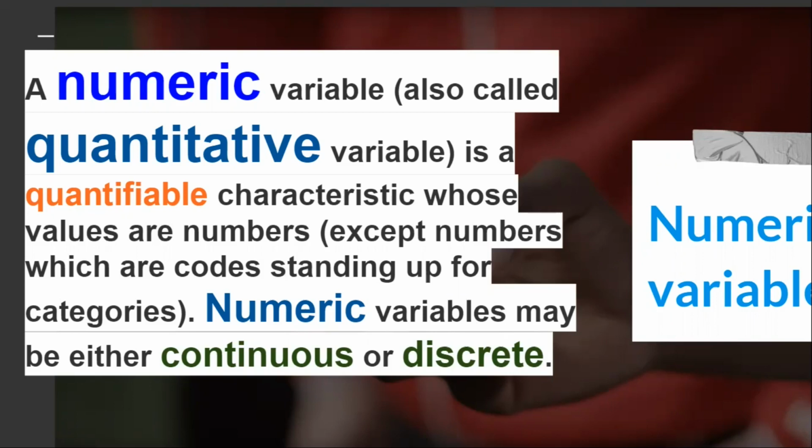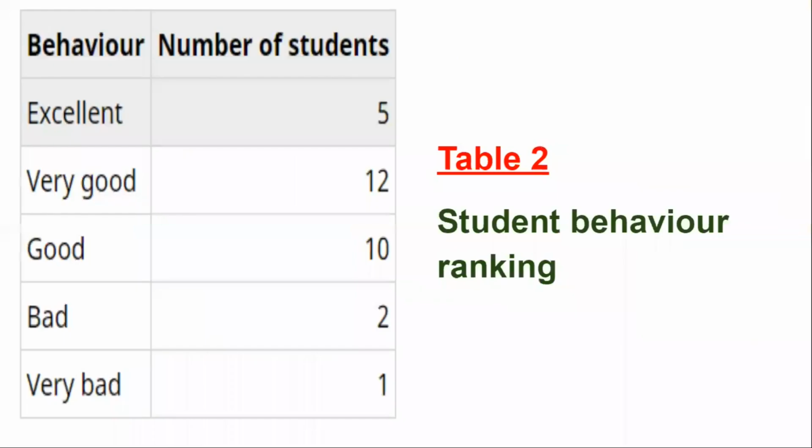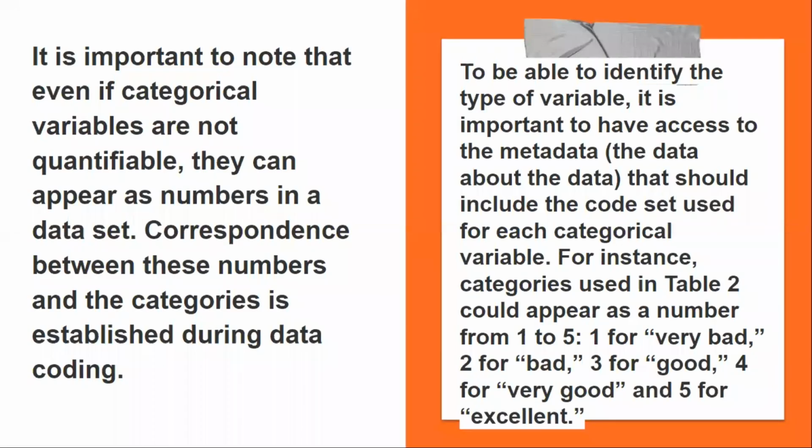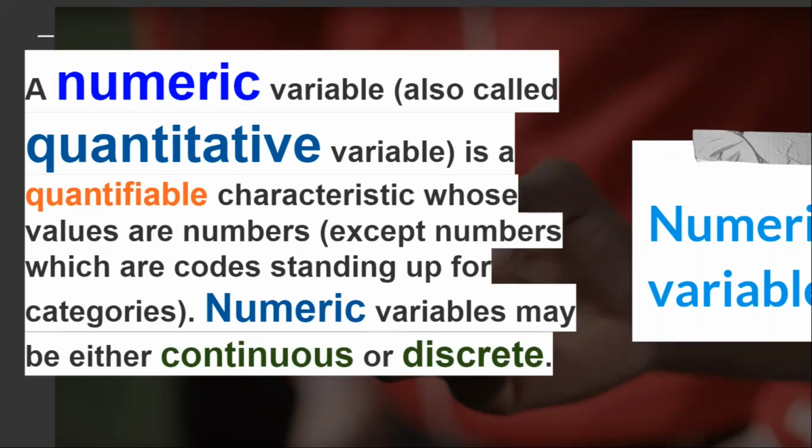The numeric variable is a quantifiable characteristic whose values are numbers, except numbers which are codes standing for categories, as we just said previously in a given data set.